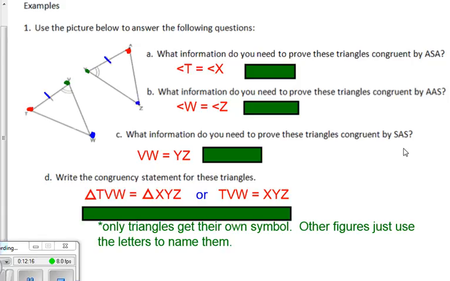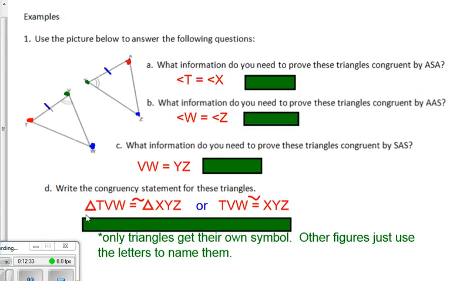So TVW is congruent to XYZ. Technically these should have the congruent symbol. Now, you can say it either way.